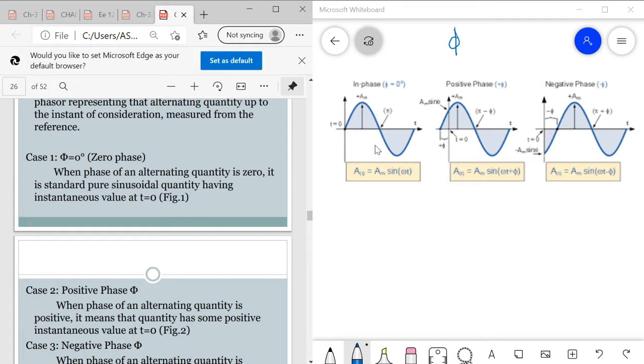So here we have the sinusoidal wave of the zero phase. So it is just a standard sine wave, pure sine wave. It starts at t is equal to 0. And it has a positive and negative amplitude. This y-axis can be represented by current, voltage, power.